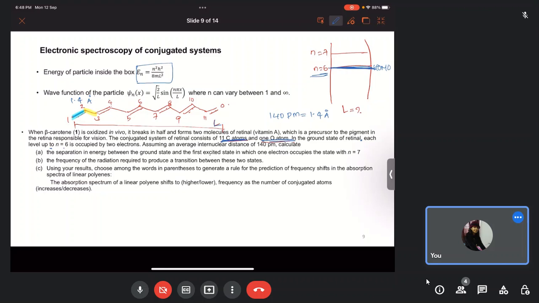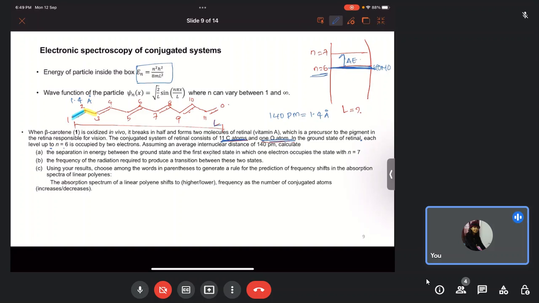So the ground state here is n is equal to 6, until which the electronic states are occupied with 2 electrons, and you have to find delta E between n is equal to 6 and n is equal to 7.